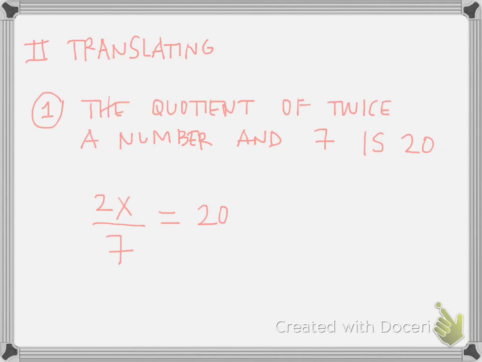Okay, equations, remember how we solve equations. We combine our like terms on the same sides. We simplify, we combine like terms on opposite sides, and then we divide or multiply, okay, to get the variable by itself.